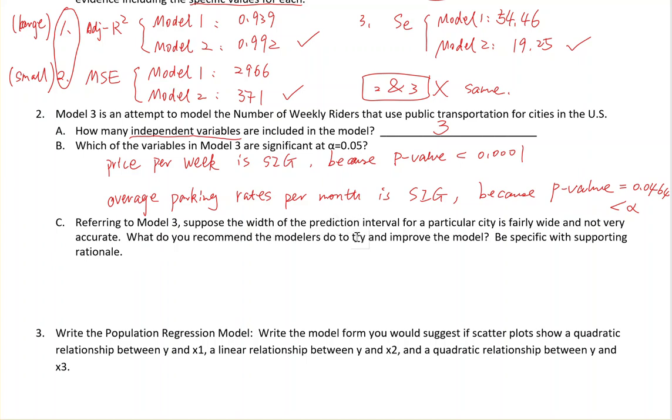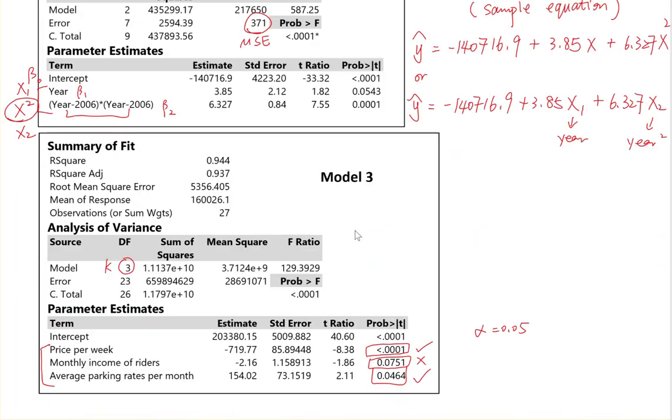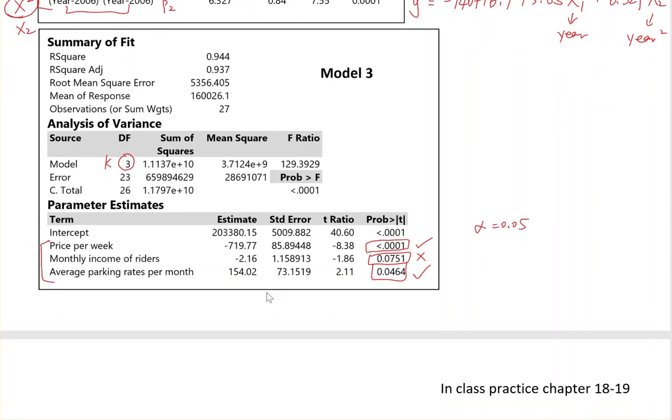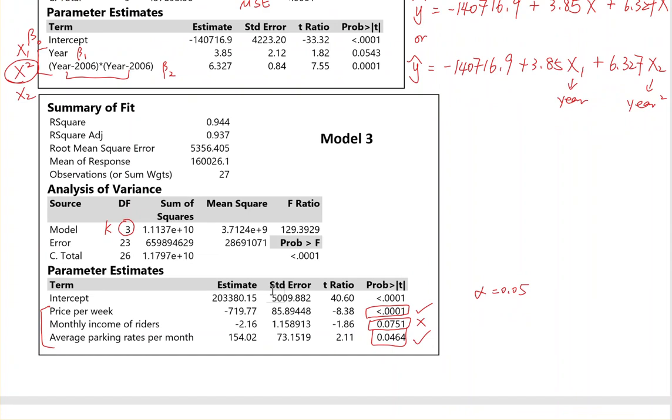If the prediction is not accurate, that means your model is not good enough, right? So if we think that this model is not good enough, what can you do to improve your model? First, from this output, since this variable is not significant, what you can do is just remove this variable.